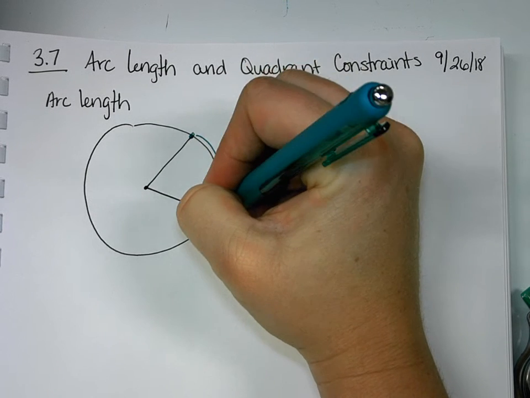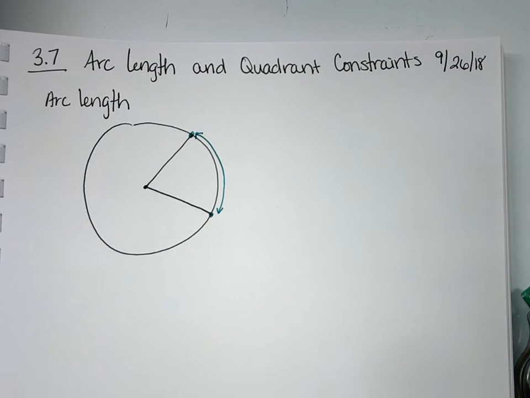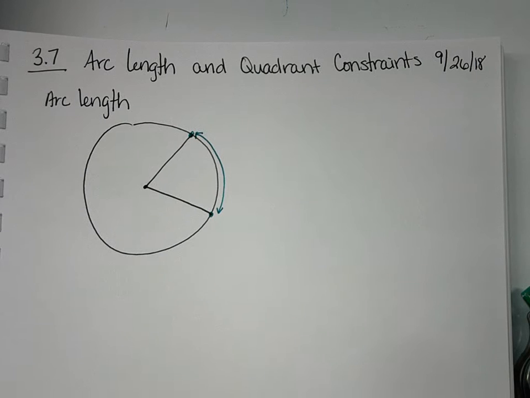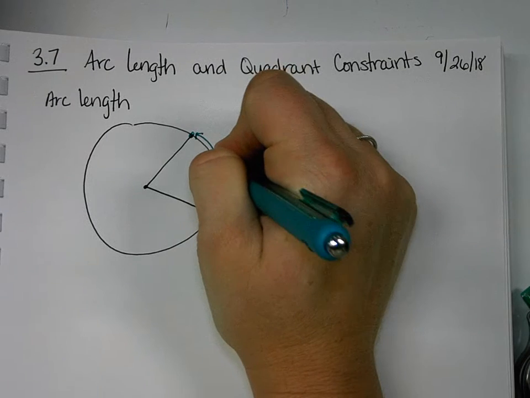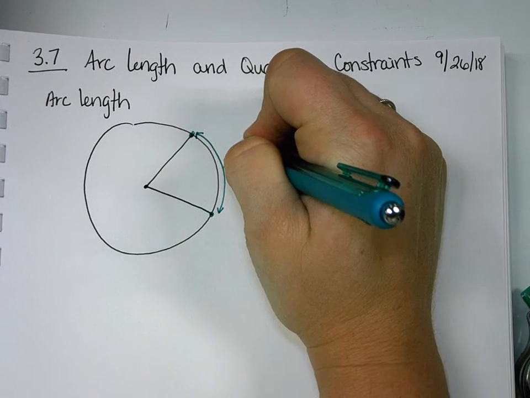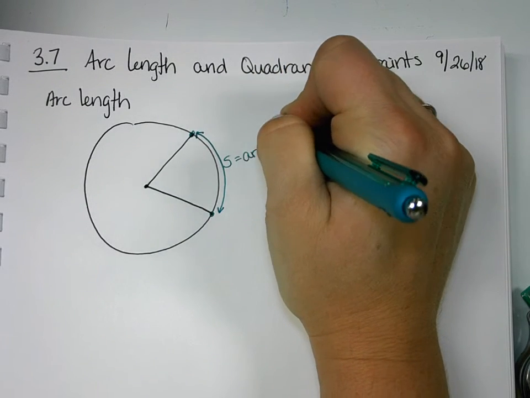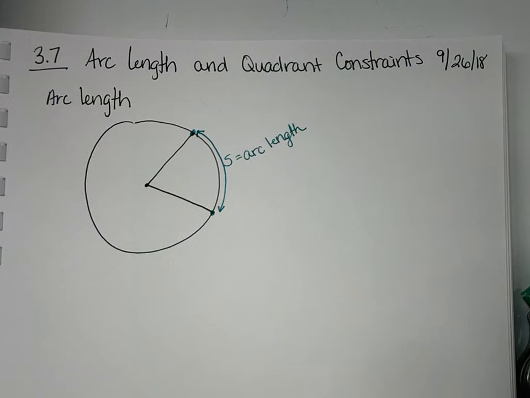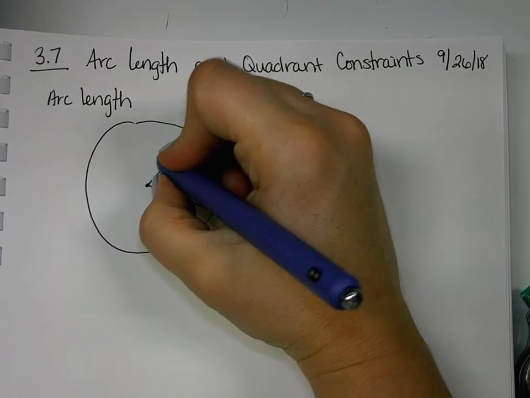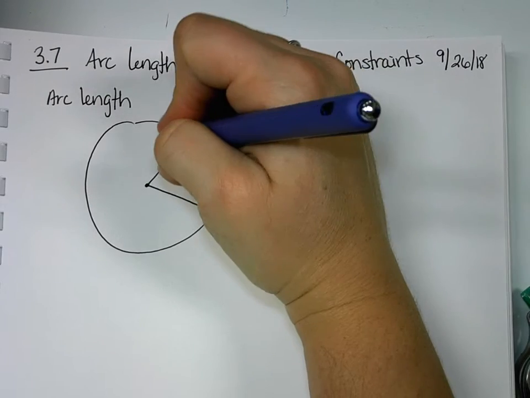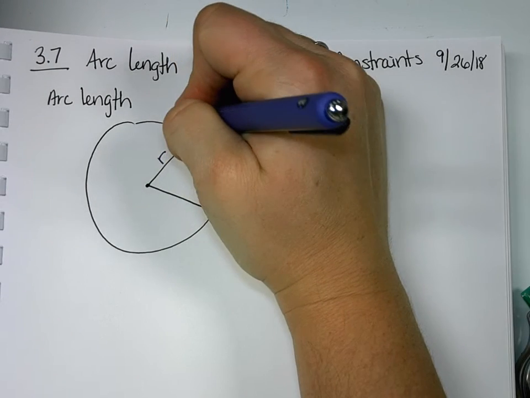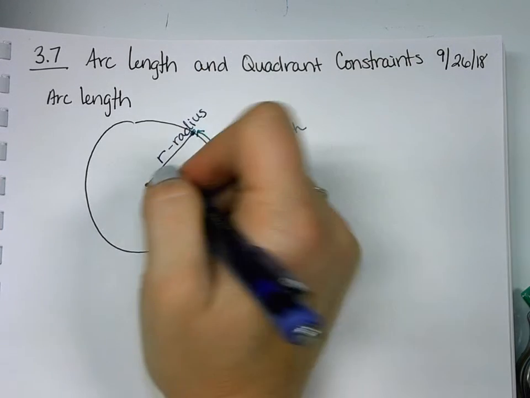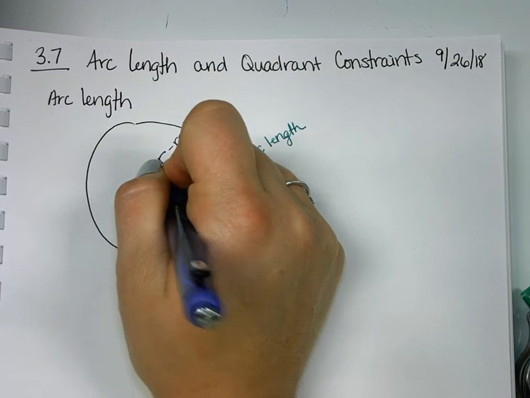So if we want to know how long is this portion, we have a trig formula that helps us with that. We call this the arc length, we call S. Some other things that we do need to know for our arc length is our radius of the circle, as well as the angle measurement here.